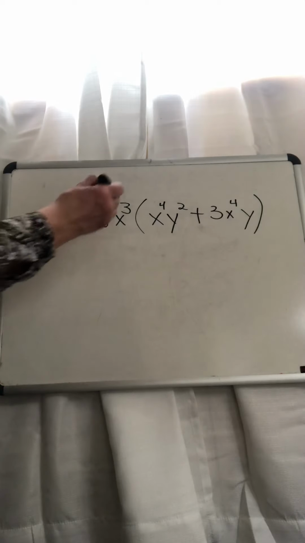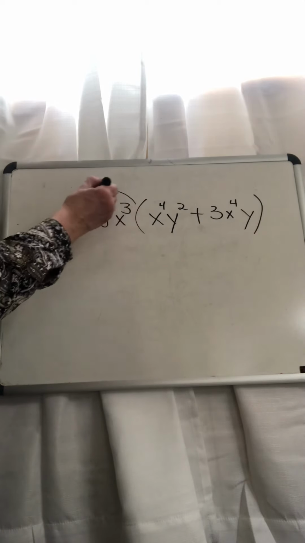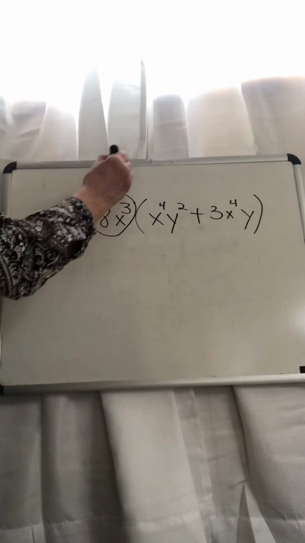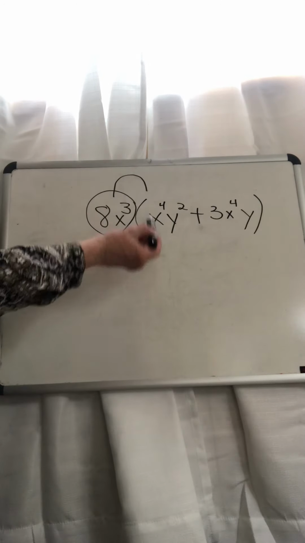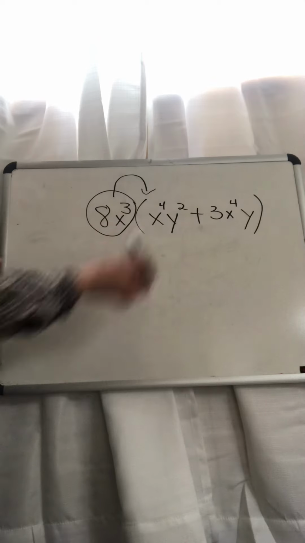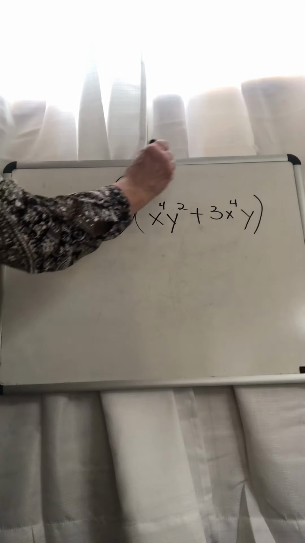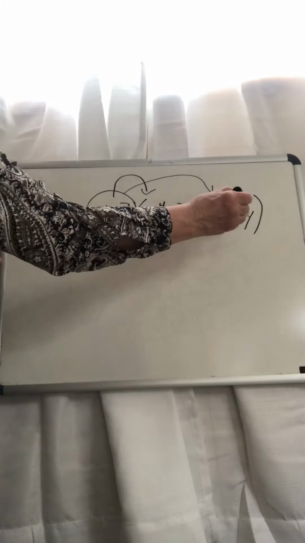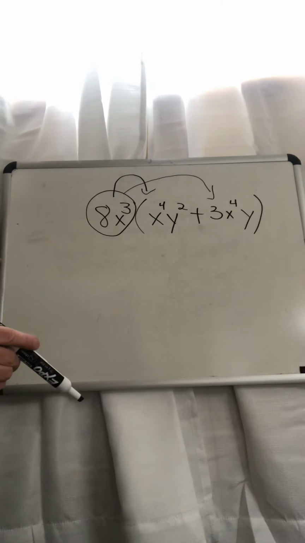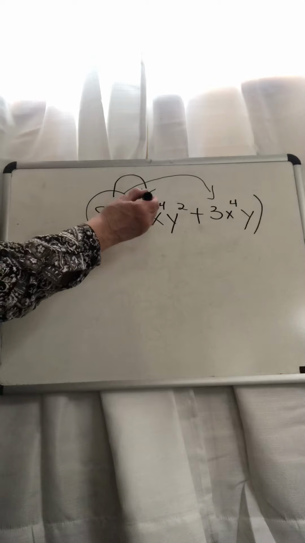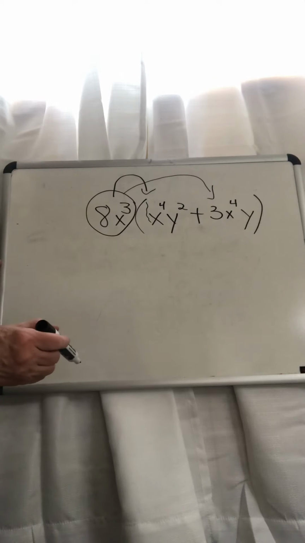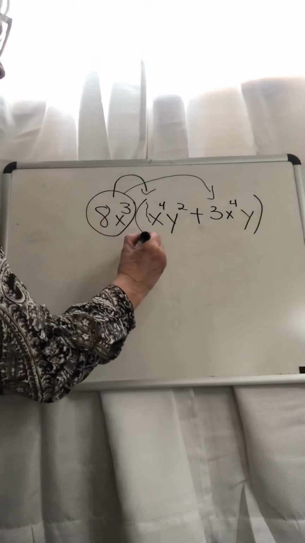Okay, so what we're going to be doing is we're going to be multiplying this 8x cubed first times the term that is x to the 4th y squared. Then we'll multiply this whole term to 3x to the 4th y. Okay, so we'll start with the coefficients. Remember, the coefficient is 1 there, even though we don't generally write it. So 8 times 1 would be 8.